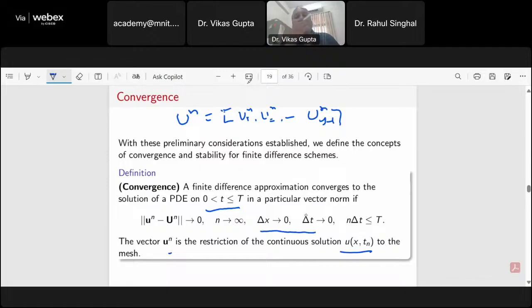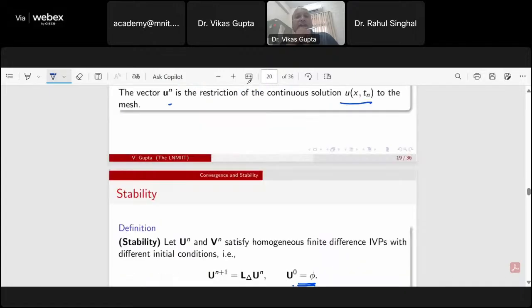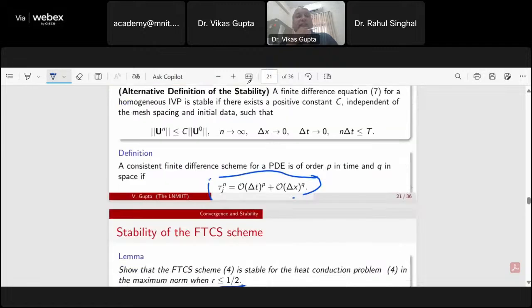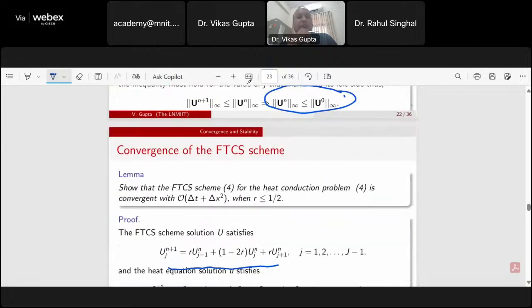Then you can say that the difference approximation solution, capital U, approaches the continuous solution u. So here convergence of the FTCS scheme we have shown in the maximum norm.